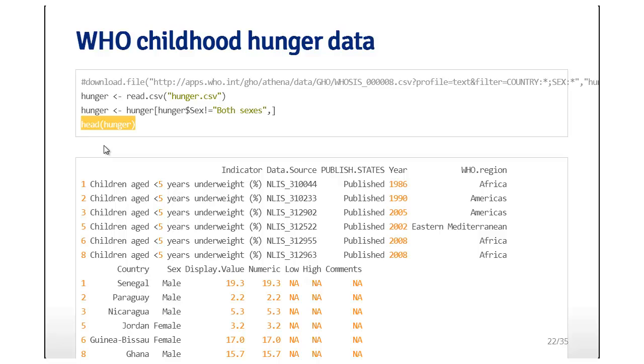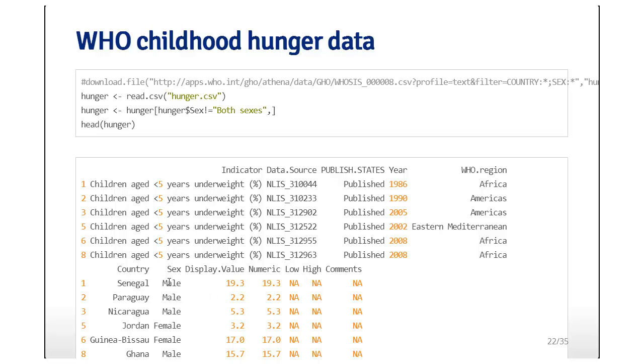This head statement prevents you from having to type, for example, hunger bracket 1 to 10 comma end bracket to print out 10 rows. Head just prints out a couple for you. It has some default number, and it's really useful because it's faster to type out than the brackets.